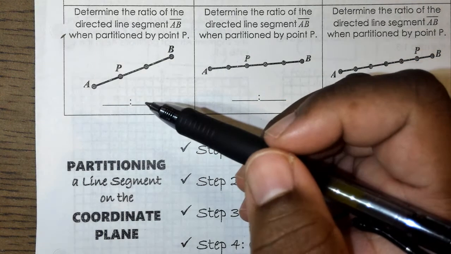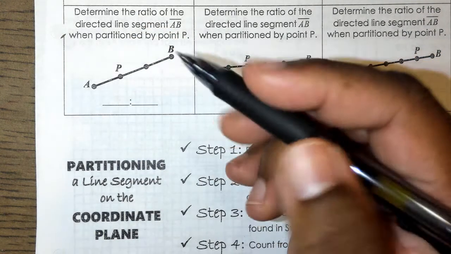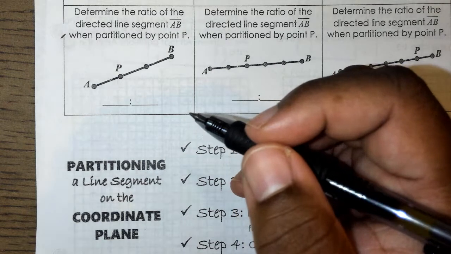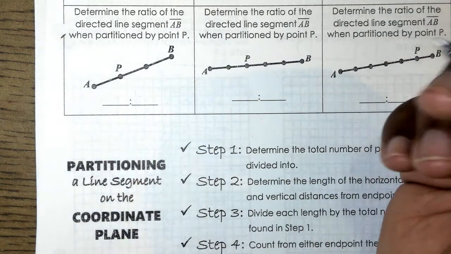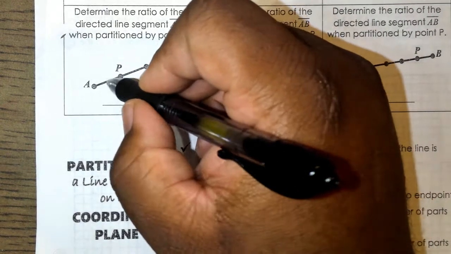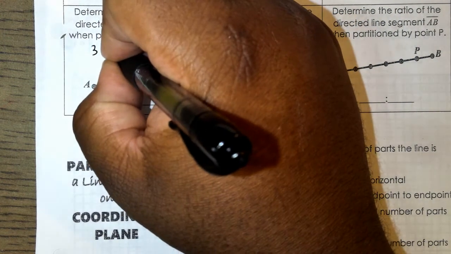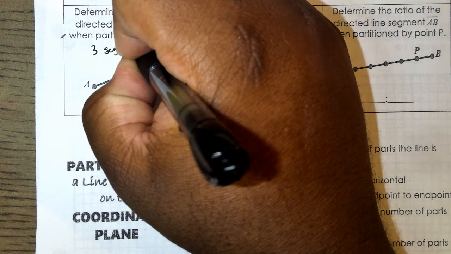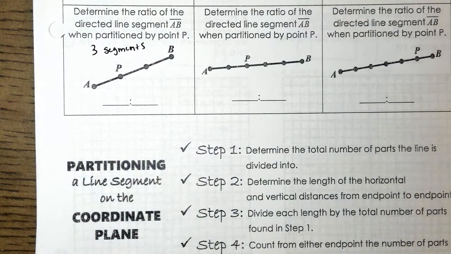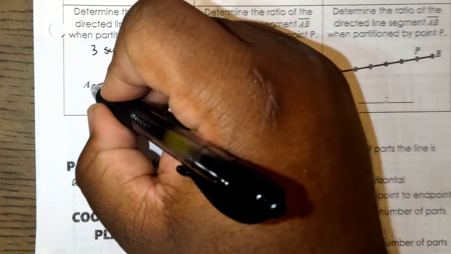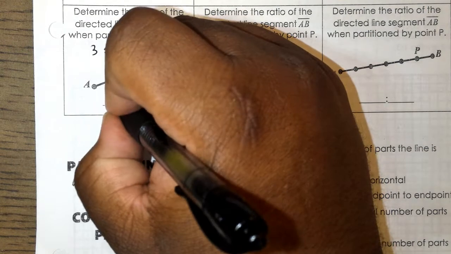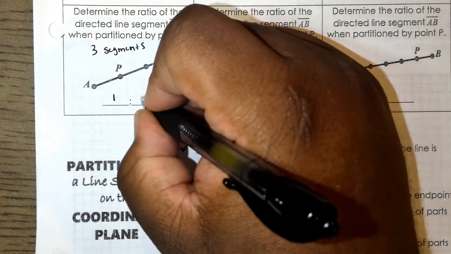They just want to know the ratio of the line based on the partition. The first thing you want to do is figure out how many segments you have. Looking at this, you got 1, 2, 3 segments. Then I want to see how they partition those 3 segments. It's pretty obvious to see that from A to B, they split it 1 to 2.